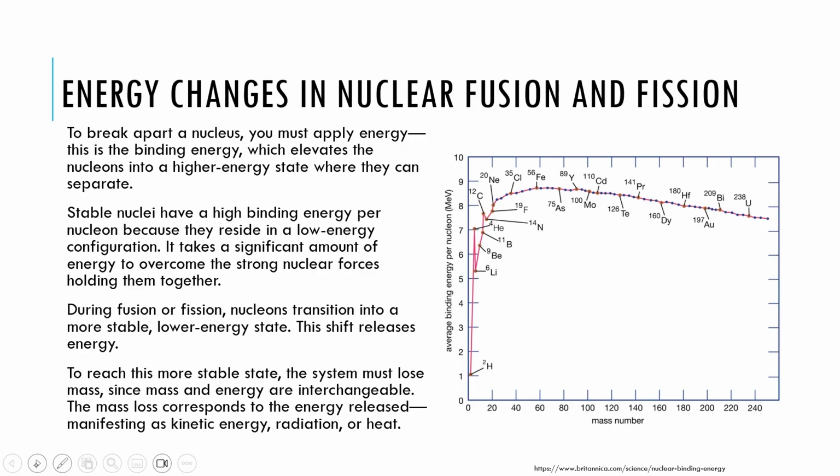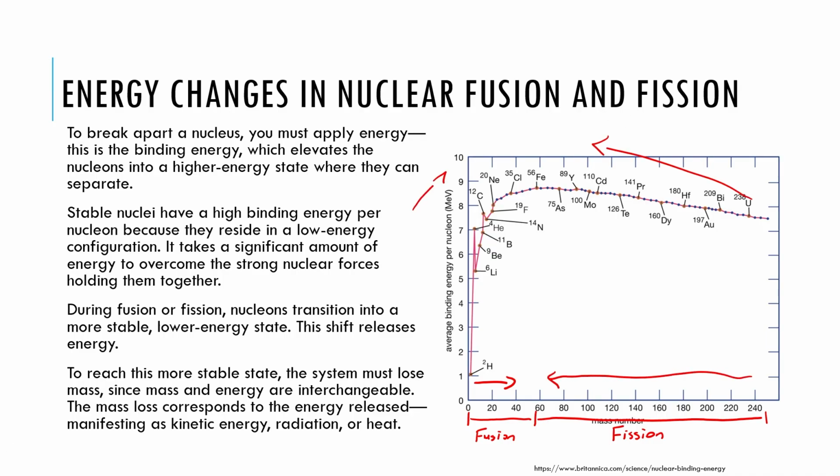What that means is more energy needs to be input again to overcome those strong nuclear forces which are holding them together. And in both processes of fusion and fission, the nucleons that exist at the beginning transition to a more stable and lower energy state. As a general rule of thumb, fusion occurs in light elements all the way up to iron, and fission can occur in elements as we progress from heavier elements backwards to iron.